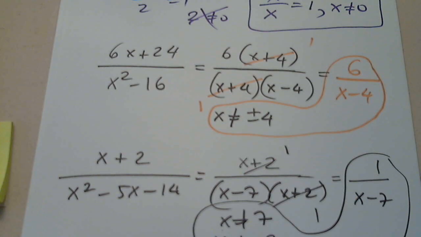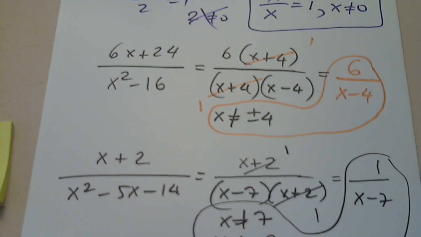Is that clear? Yes. You understand why? Because if it was 7, it would be 0, or undetermined. Exactly. And I'm not sure why negative 2.